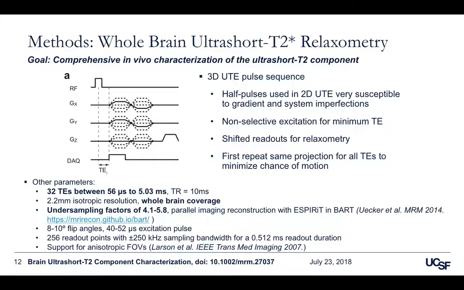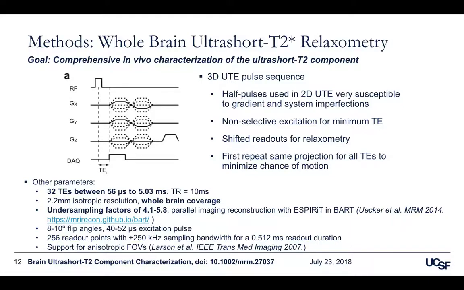So in our project, we aim to do this whole brain Ultrashort-T2* relaxometry to characterize the Ultrashort-T2 component. This is built around a 3D ultrashort echo time, or UTE, pulse sequence. I chose 3D because the half pulses that are required for 2D UTE are very susceptible to gradient and system imperfections.